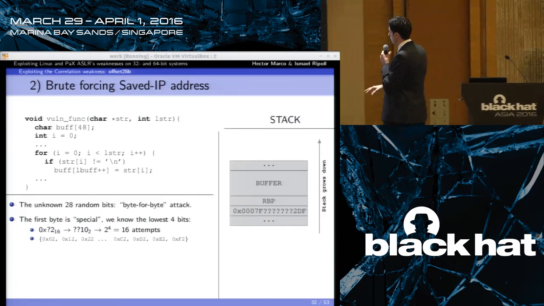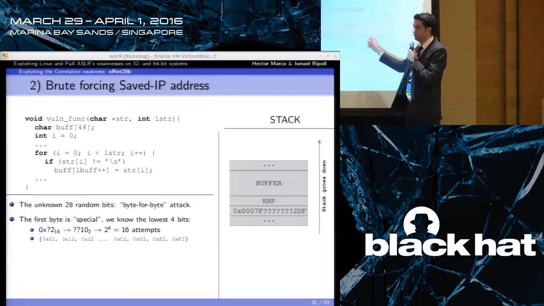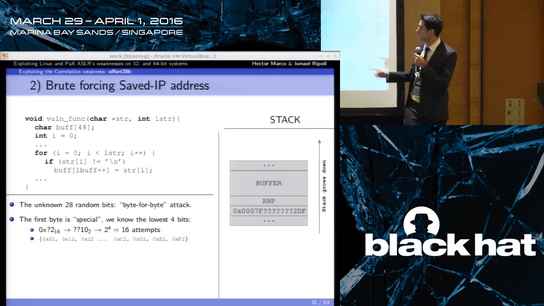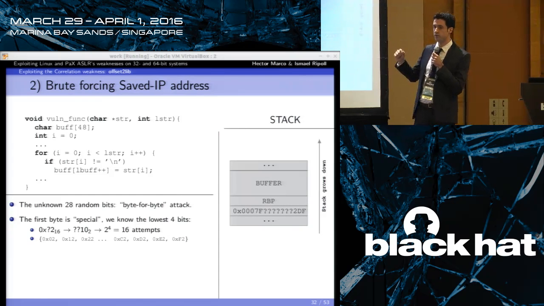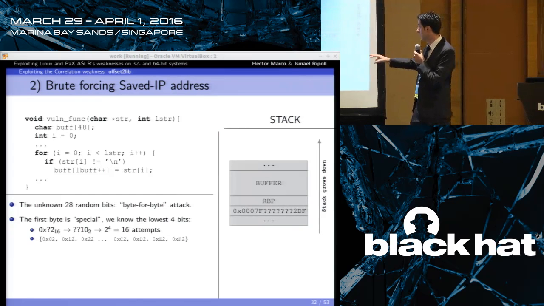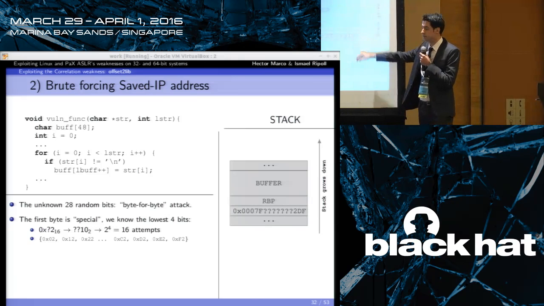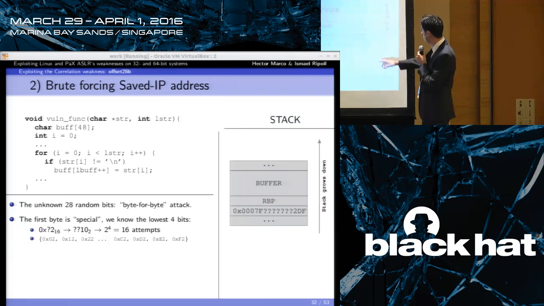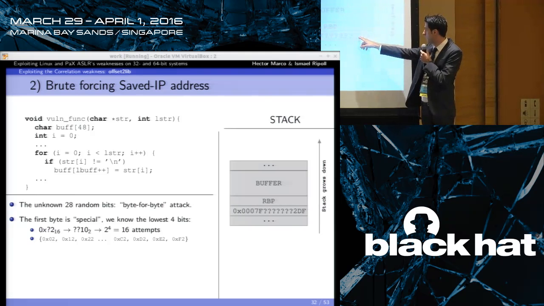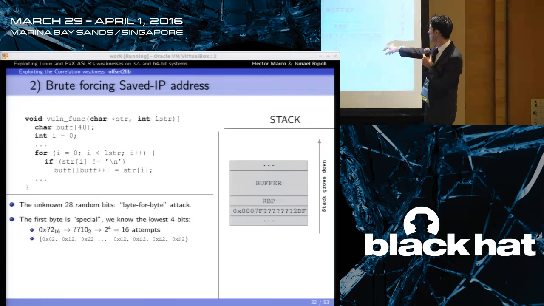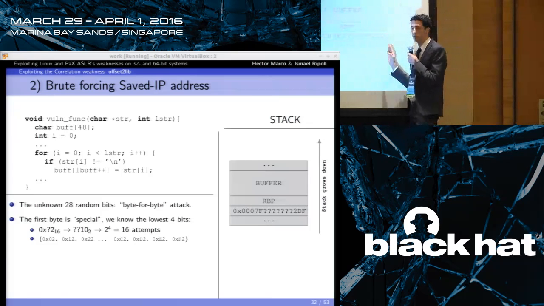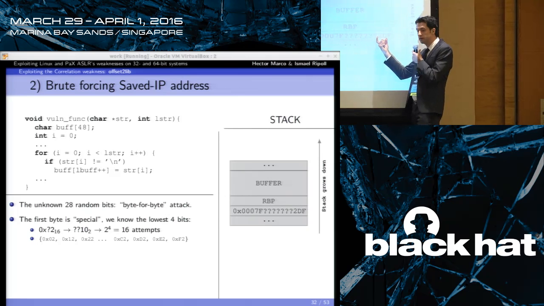So in order to obtain the remaining bytes or bits, we are going to perform a brute force attack against the saved IP, the saved IP address, so the address that is on the stack. The first byte is special because we already know part of this byte. So we only need to perform 16 attempts in order to guess the byte. The idea is that we only overwrite part of the return address on the stack.